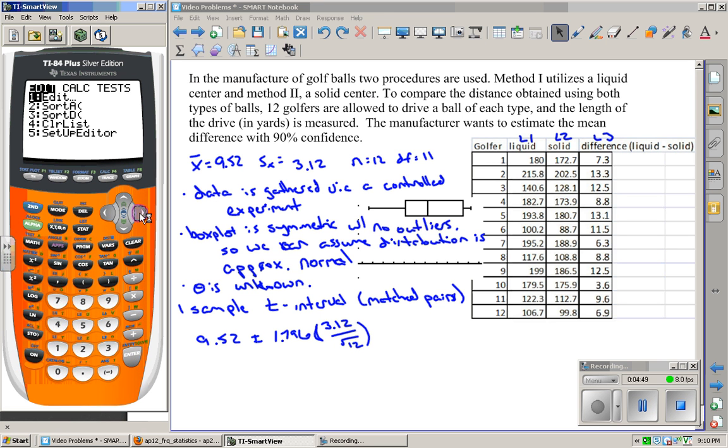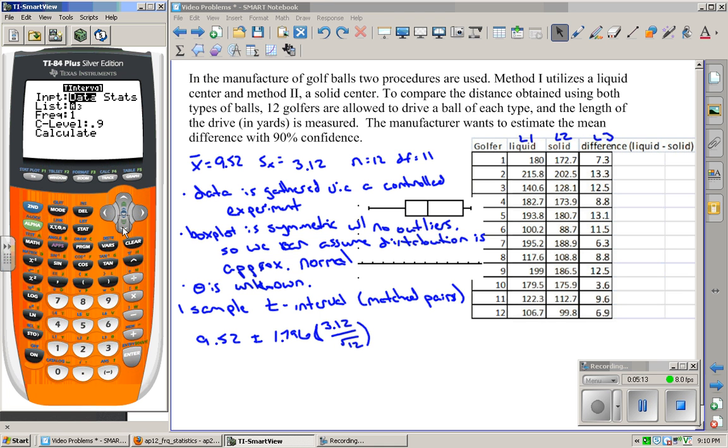So I go to tests, and then I'll go down to my T interval. Oh, I hit the wrong interval, so let's try that again. Stat, tests, and T-interval number 8. There it is.